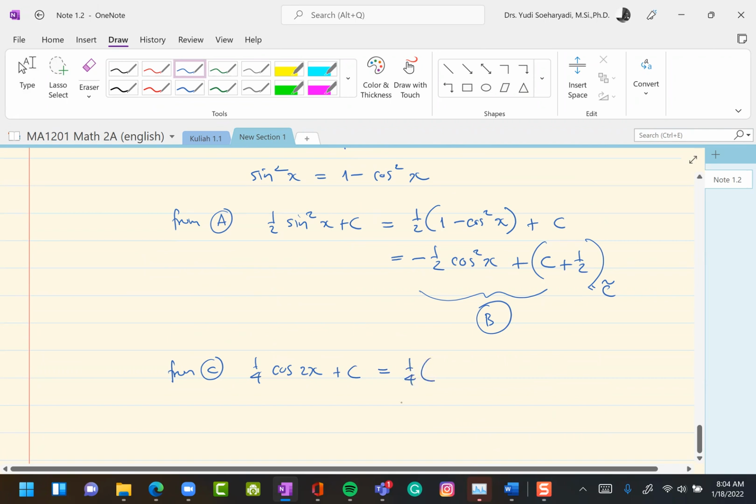Another trig identity gives you cosine 2x is cosine square x minus sine square x.